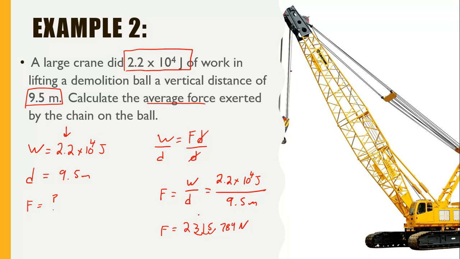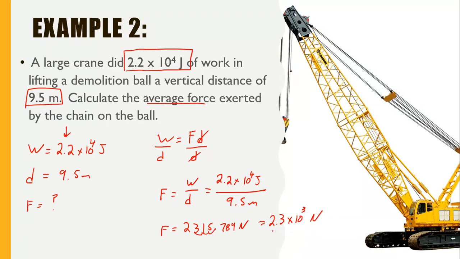So what I want to do is just have it to 1 decimal place. Do I have to round the 3? Do I have to change it? No. So this just becomes 2.3 times 10 to the 1, 2, 3. And what's the unit for force?